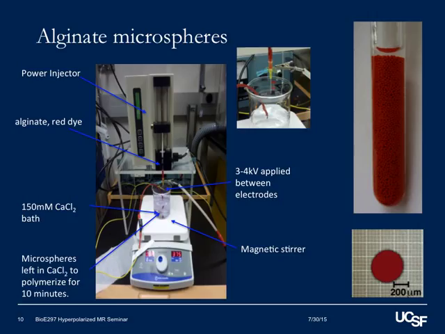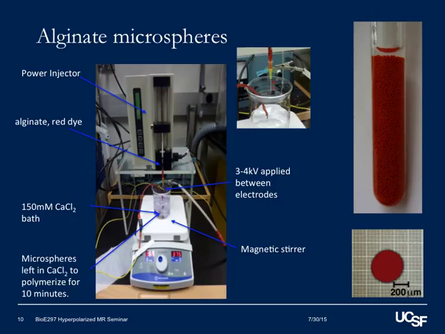So we trypsinize the cells, put them in alginate, and it's really viscous stuff. You draw it up in a syringe and let it drop into a bath of calcium chloride. The electrostatic difference between the electrodes is hooked up to a really high voltage source. You keep the needle and the water bath at a potential difference of 3 to 4 kilovolts.